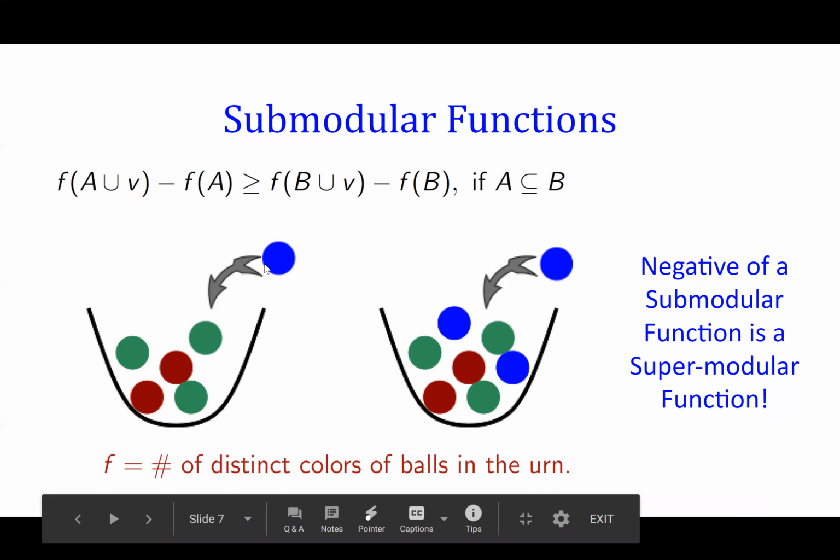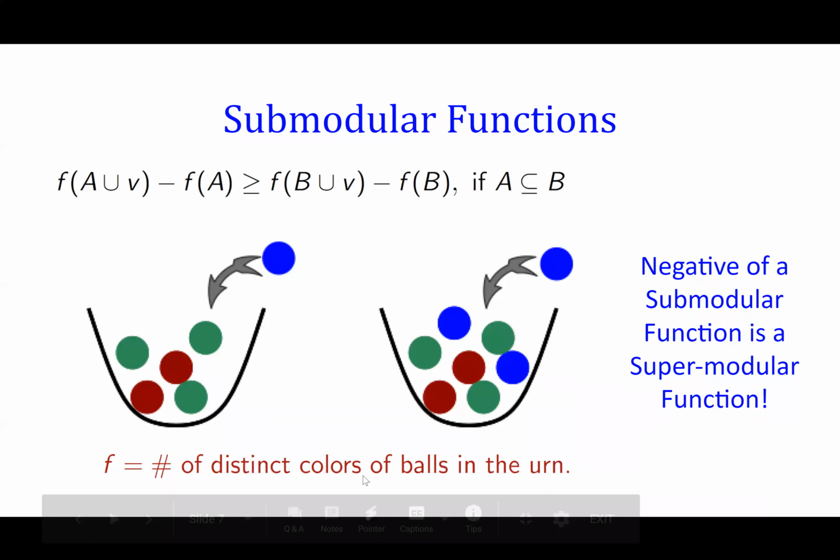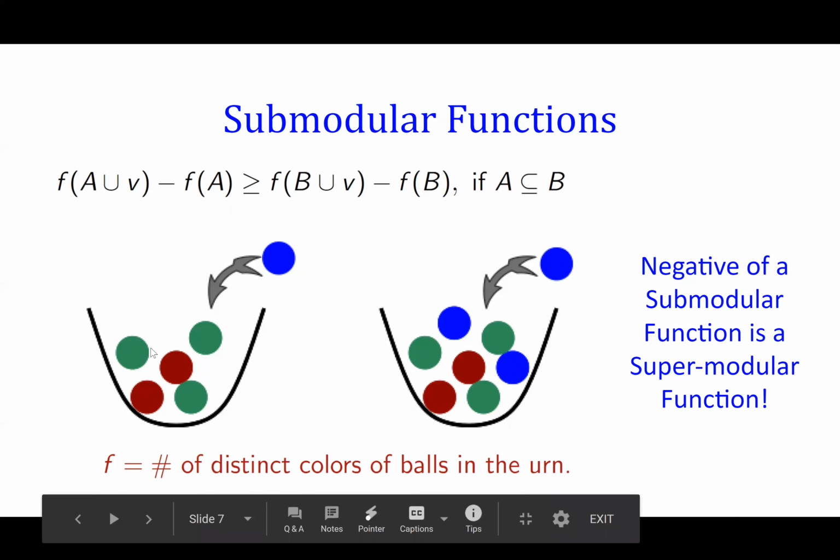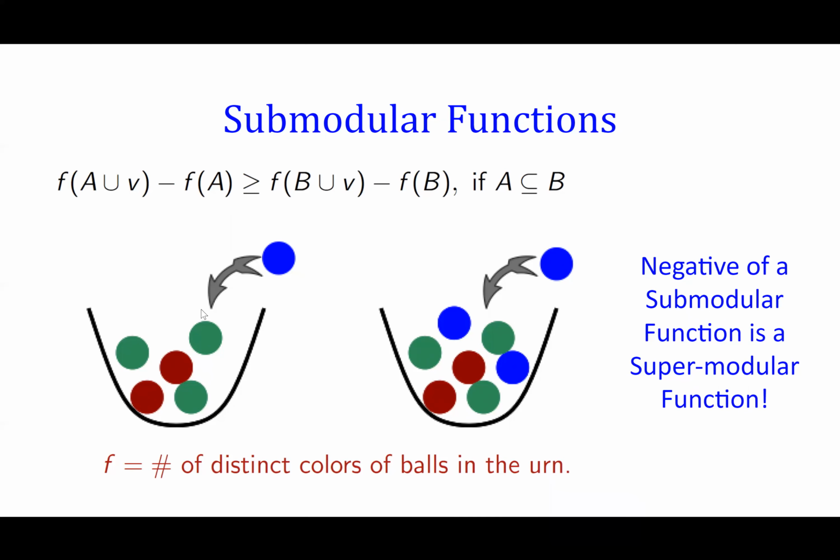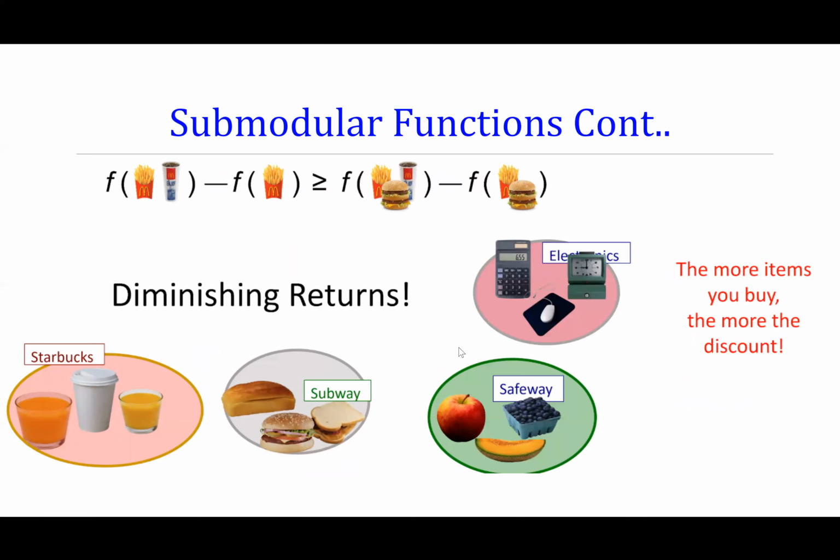Because when we add a blue ball, the gain in information, where information is defined as the number of distinct colors of balls in the urn, is 1 in the left-hand side case, but 0 in the right-hand side case. So this is a submodular function.